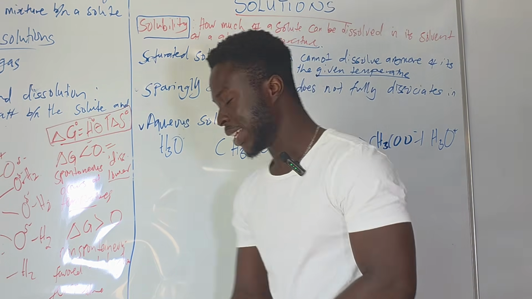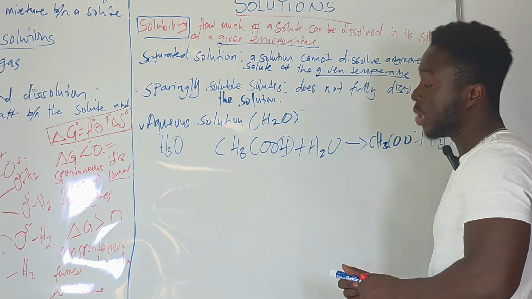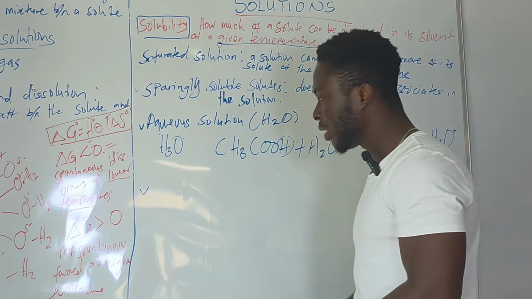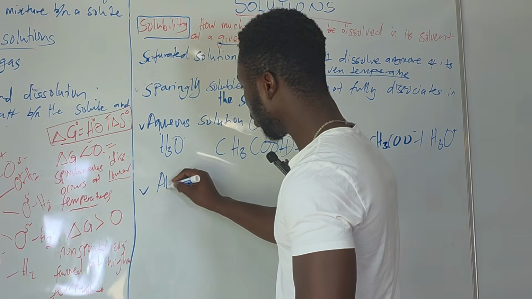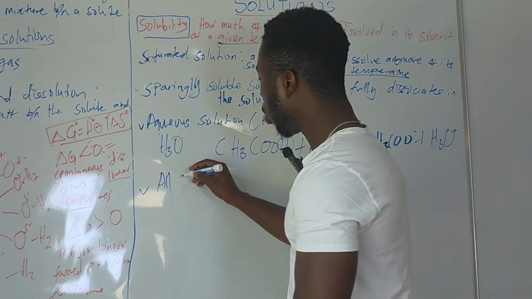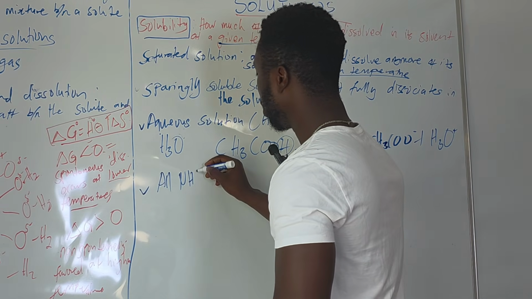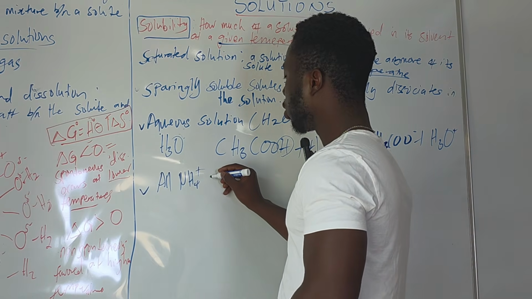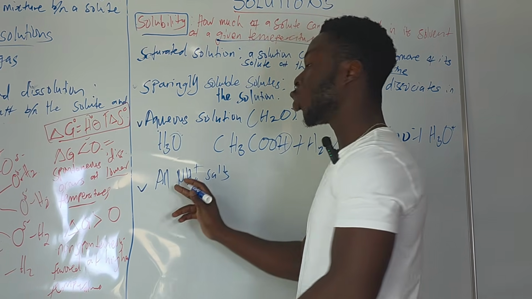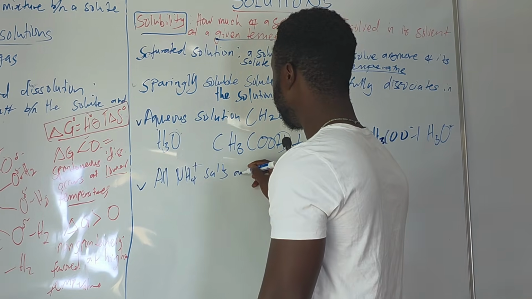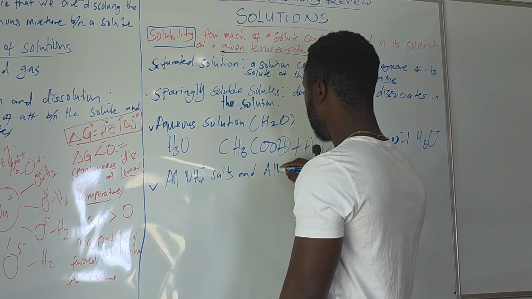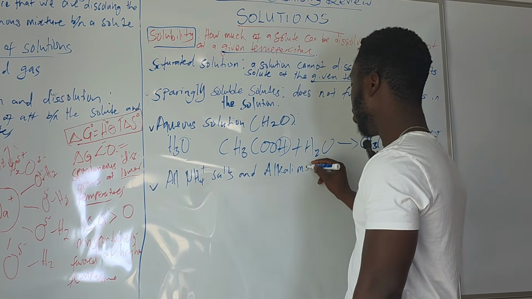So let's try to see how many of the solubility rules we can remember off the top of our head. The first solubility rule is that all ammonium salts, that is NH4 plus, and all salts containing alkali metals are soluble.